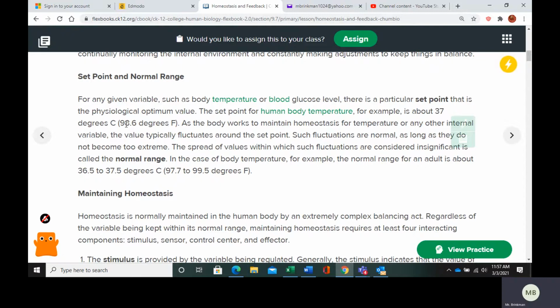This is the ideal level. As the body is trying to maintain homeostasis, the value is going to fluctuate around this set point value. These fluctuations are normal as long as they're not extreme.